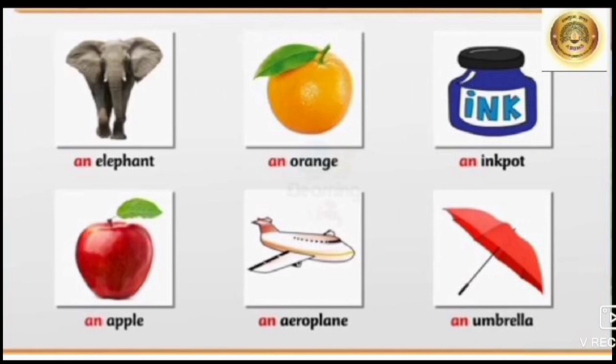Orange is starting with the vowel sound of O. That's why we are using here the article an. So we are saying an orange. Ink pot. This starts with I. That's why we are saying an ink pot. So we use article an before vowel sound.